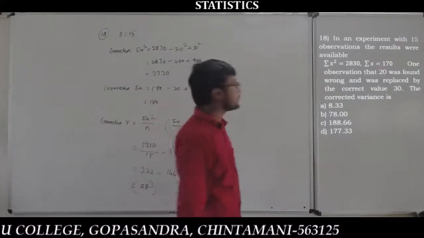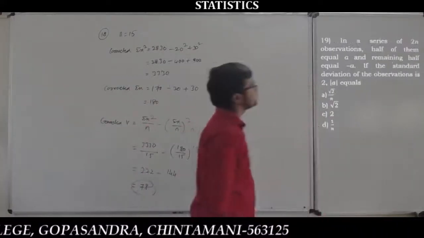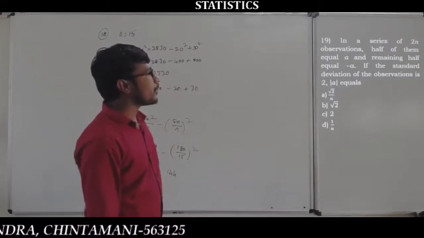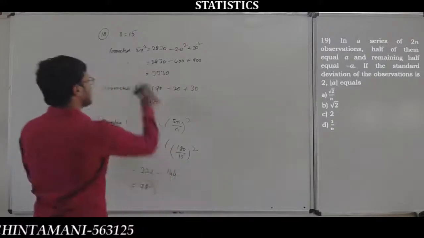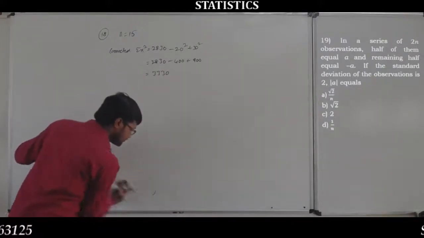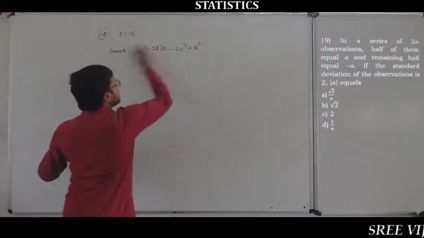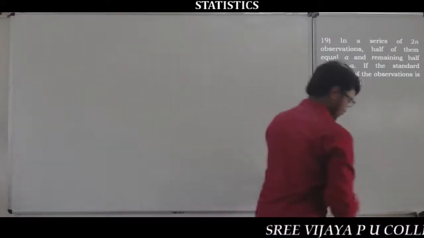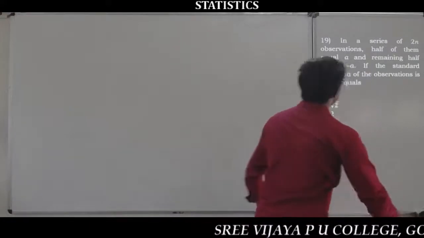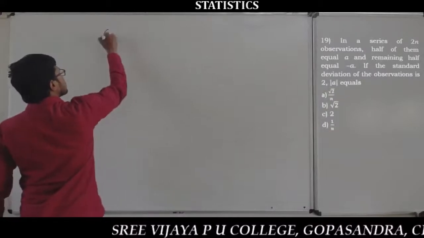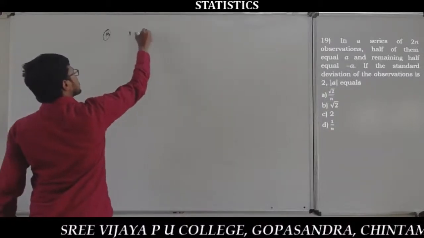Got it? Next one. In a series of 2n observations, half of them equal to A. Okay, first find that. So in a series of 2n observations, the number of observations is 2n.